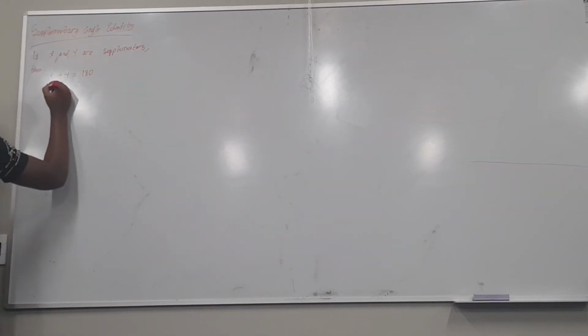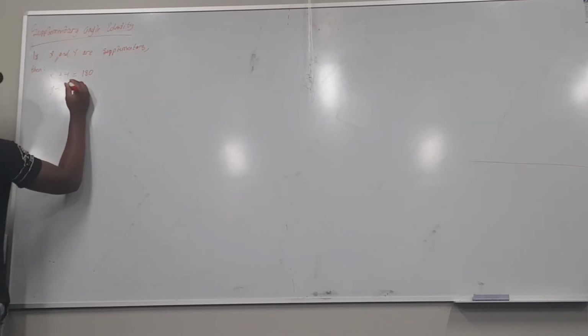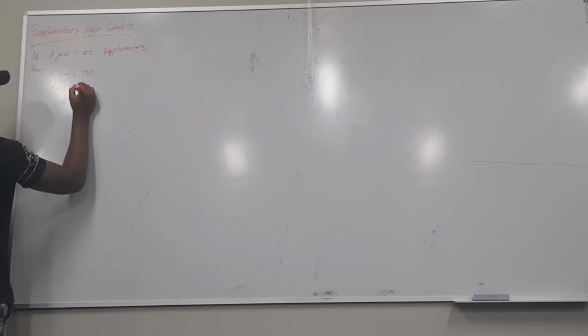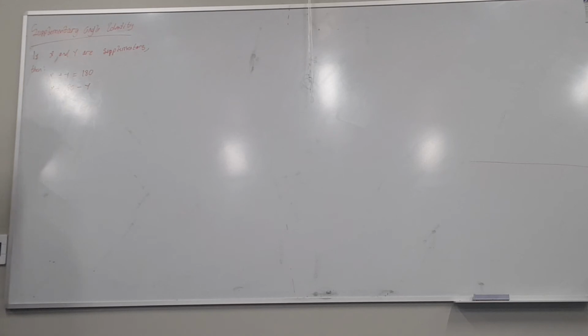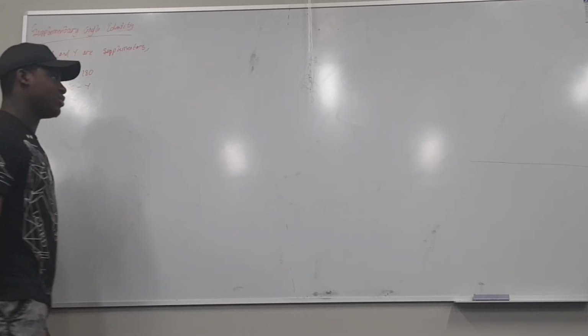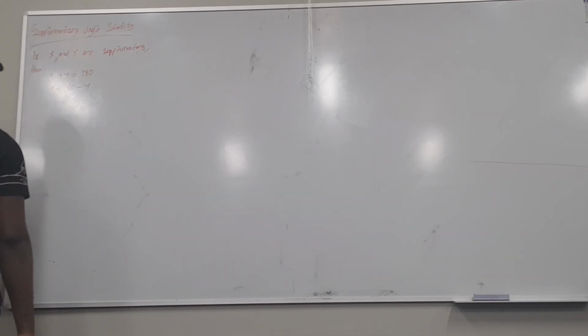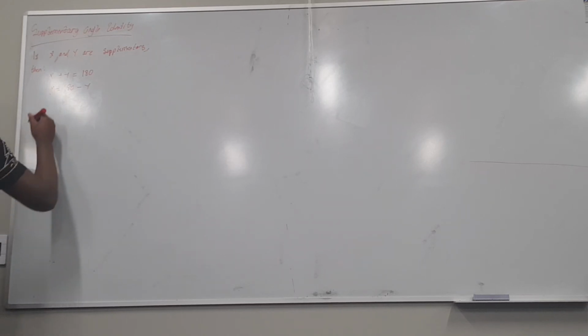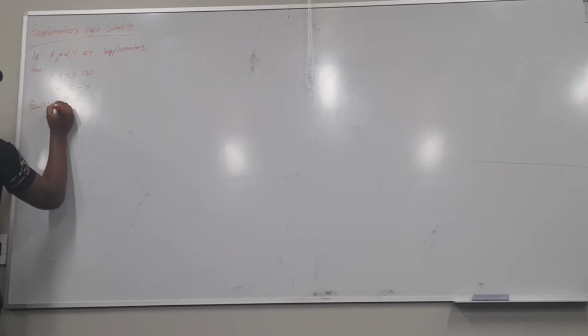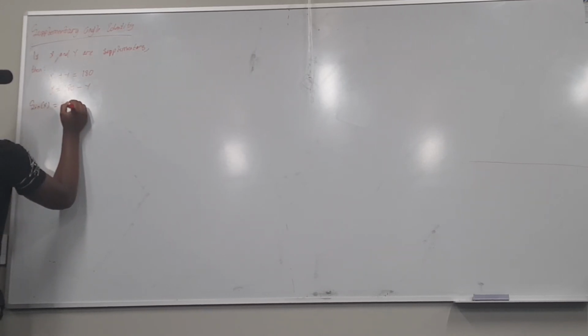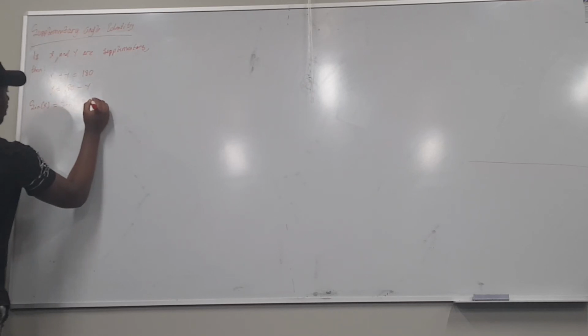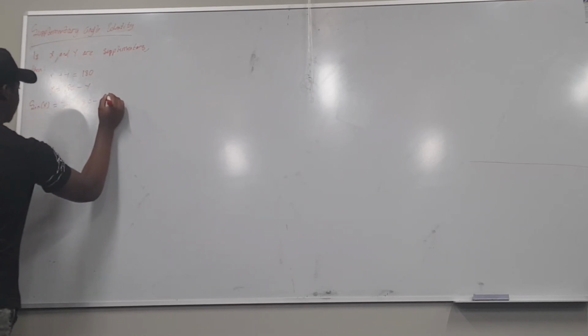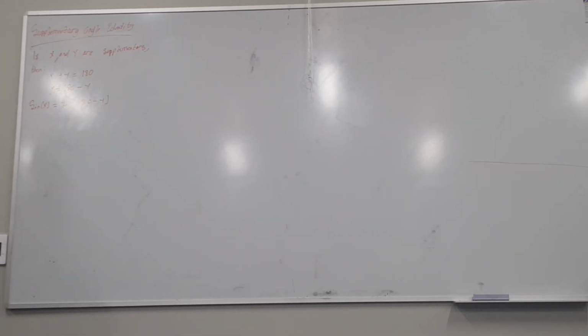So x is equal to 180 minus y. Let's do some trigonometric identities with this and see where we're going. If I say sine of x, sine of x is equal to sine of 180 minus y, and you can see that it's going to be a positive number.